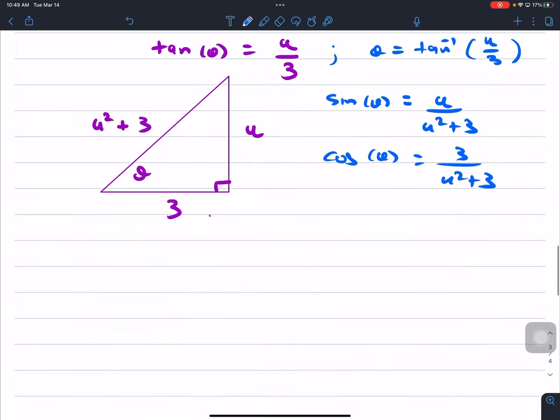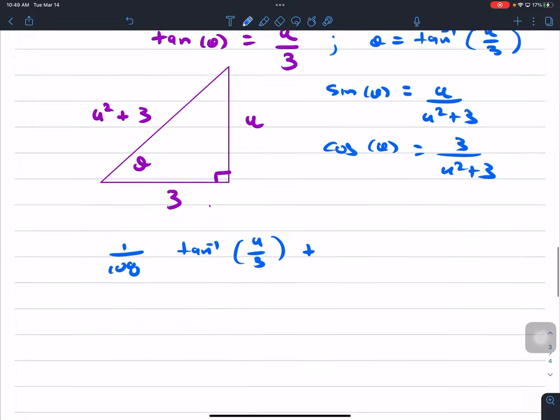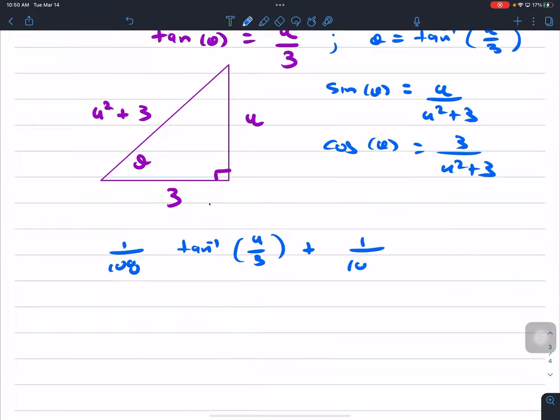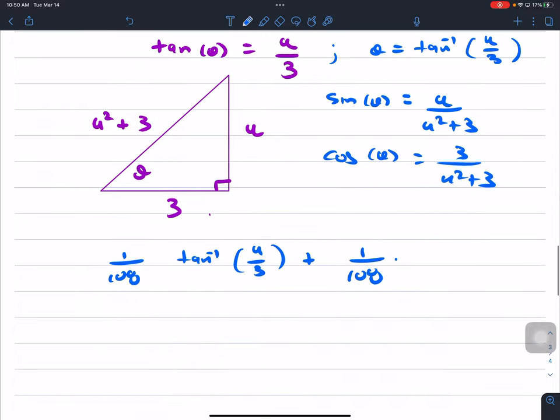So what does that mean we really have? We have 108, not theta, inverse tangent u over 3, right? Plus 108 times what?